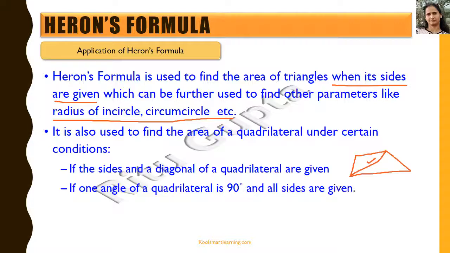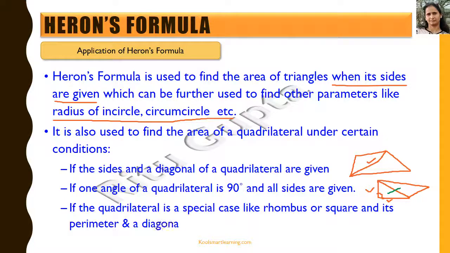If one angle of the quadrilateral is 90 degrees, say for example we have something like this, and its sides are given, then using Pythagoras theorem we can find this diagonal, and if we find this diagonal, all the sides are given, and we can find the area of the quadrilateral.